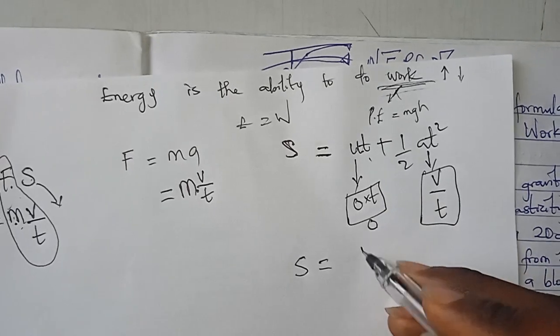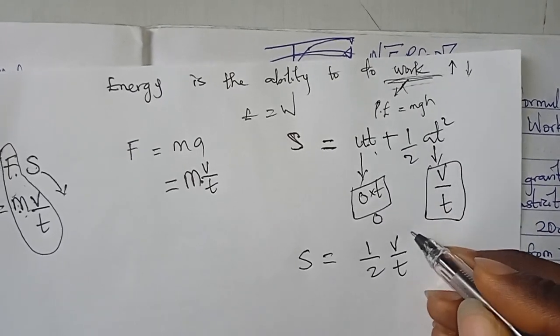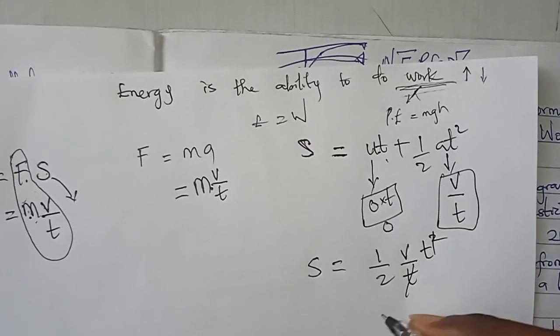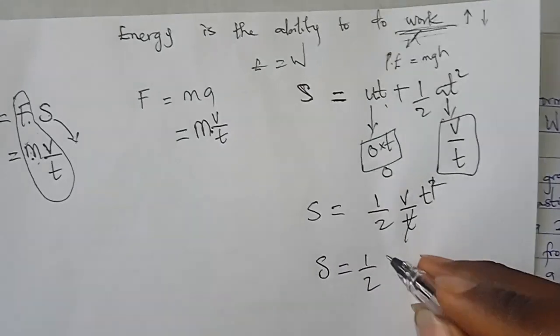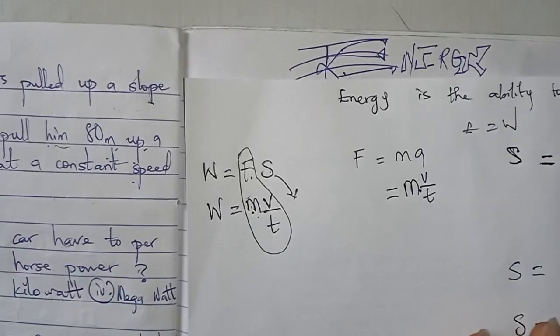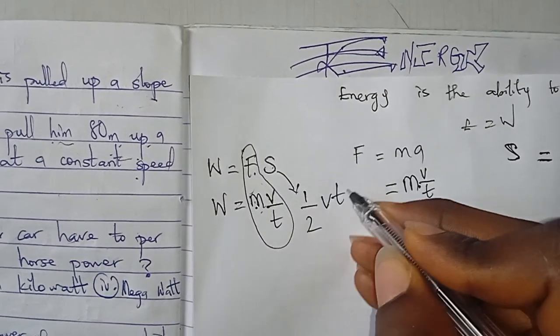So half A, now replace it with V over T, then times T square. Notice that this will take care of this, so that you have S equal to half VT. So if I carry this and replace for S, it will give me half VT.